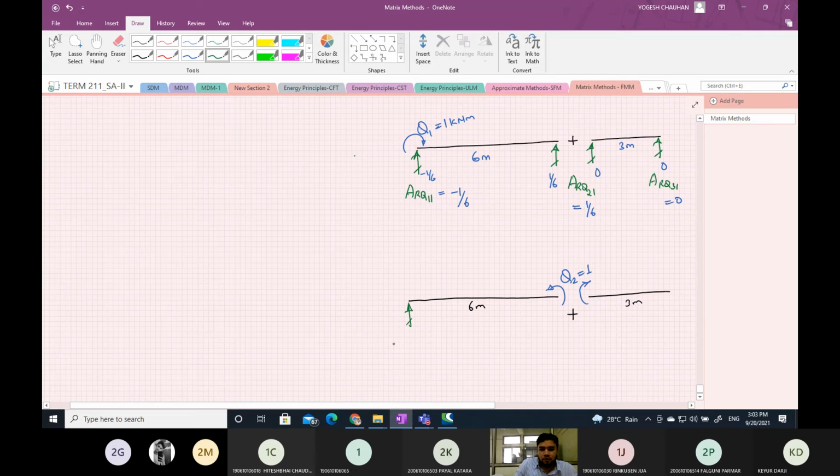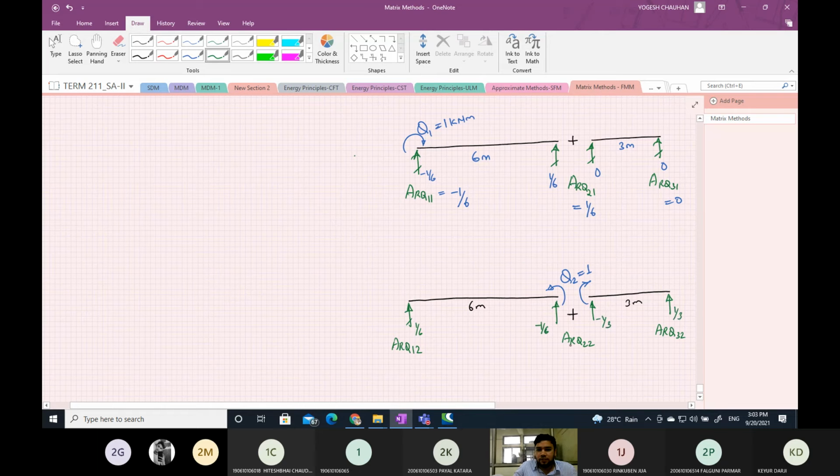Now this will be your ARQ12. Sum of these two will be equal to ARQ22. This will be ARQ32. Okay. So when this tends to rotate the beam in anti-clockwise direction, so this will be minus 1 by 6. This will be plus 1 by 6. Same way this tends to rotate the beam in clockwise direction, so this will be plus 1 by 3.